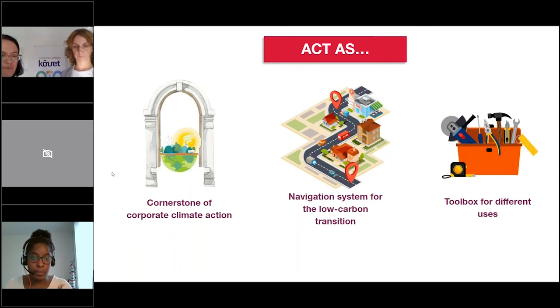The ACT initiatives provide the means to navigate and track progress of companies on the low carbon transition, and it assesses whether the decisions they have made, are making, and will make are in line with the low carbon transition. So it provides the credibility needed to back up corporate commitments on climate.